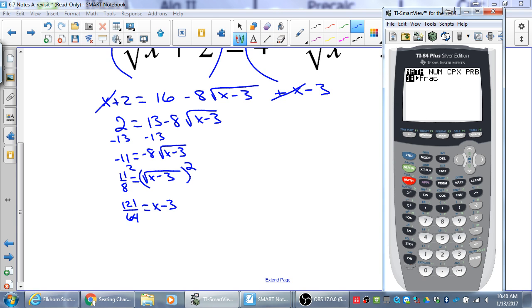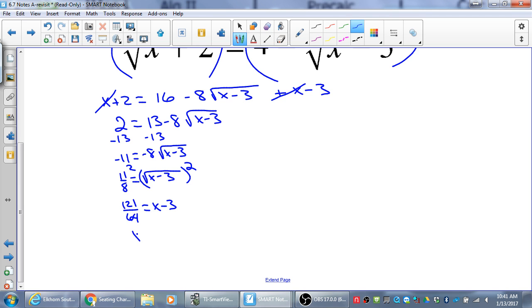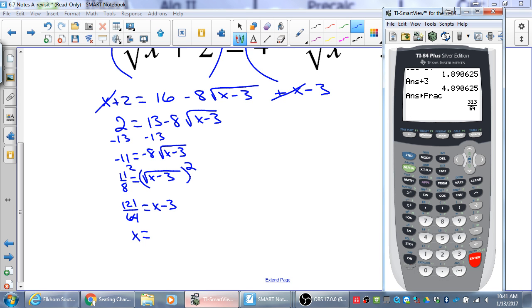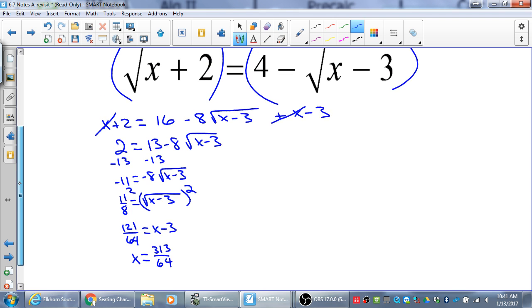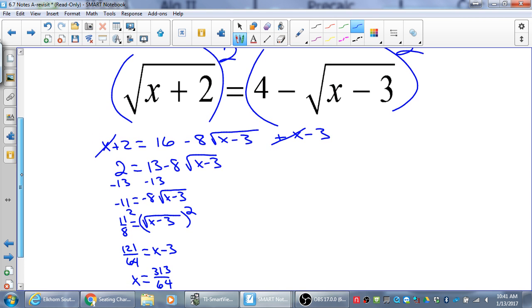Your calculator will turn this into a fraction, 313 over 64. We probably should use 313 over 64, because we're trying to check to see if this actually works. If you don't know how your calculator turns it into a fraction, let me know.